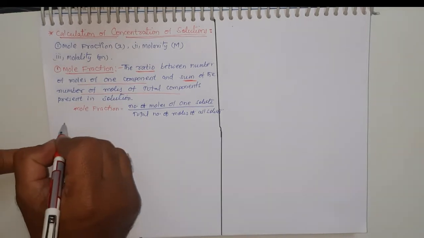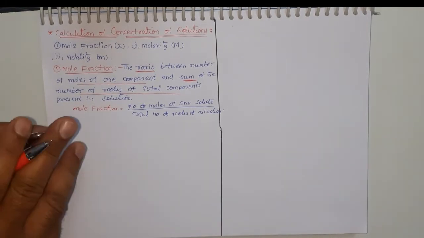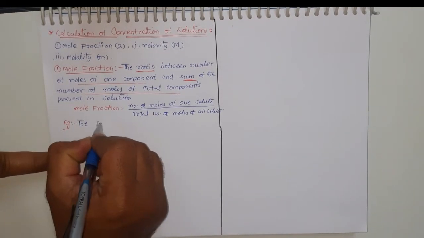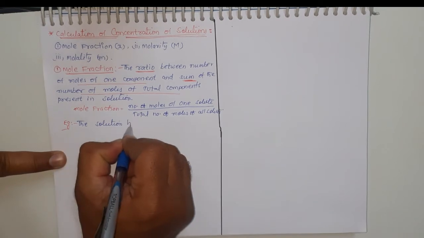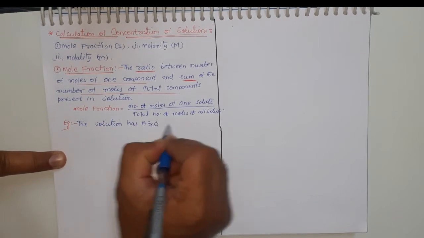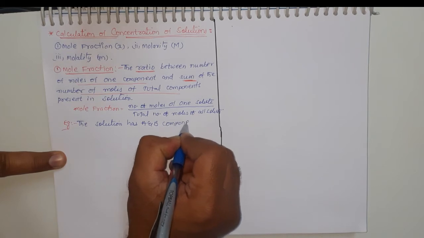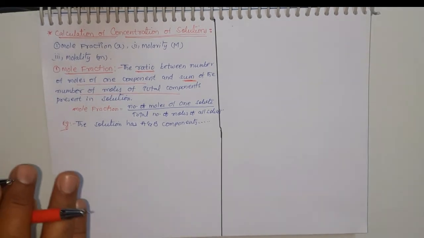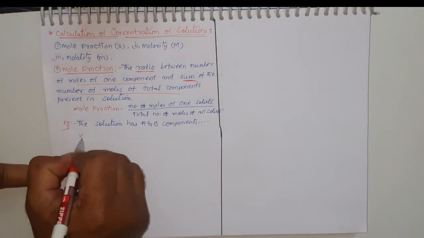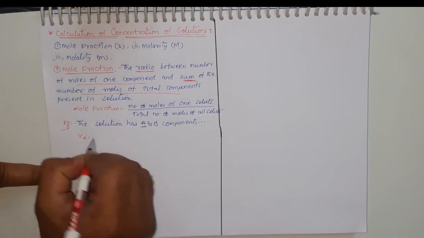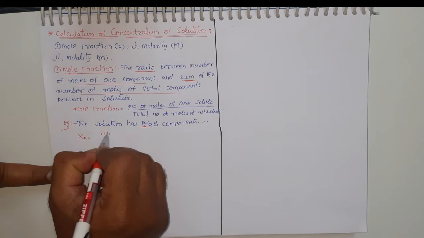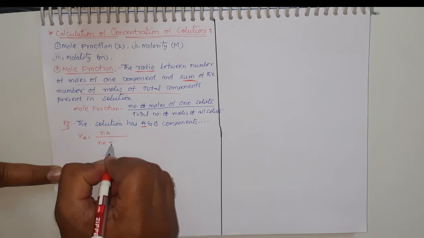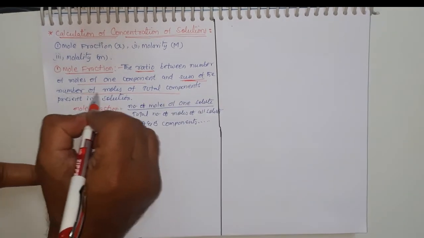Example, if one solution has A and B components, then how to show the mole fraction value. XA, the A component: number of moles of A component by number of moles of A component plus number of moles of B component, that is, the sum of the number of moles of total components.